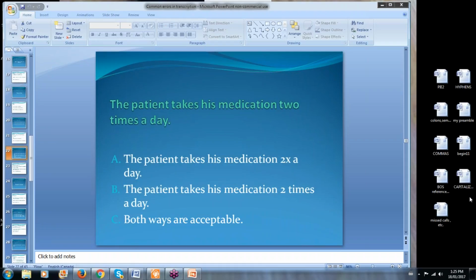Okay, Nancy says B, Victoria says A, Andrea B, Carrie B, Sonia B, B, B, and both ways are acceptable. A, B. Okay, so we have not sure and some A's, B's, and a couple of C's.